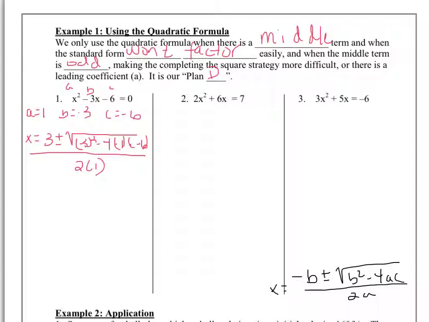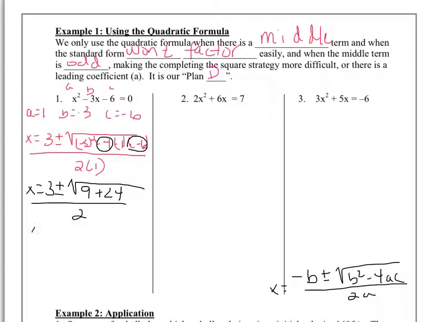Okay, so moving down. x is equal to 3 plus or minus. Negative 3 squared is 9. And then here I have negative 4 times 1, so negative 4. Negative 4 times negative 6 is positive 24. Over 2.